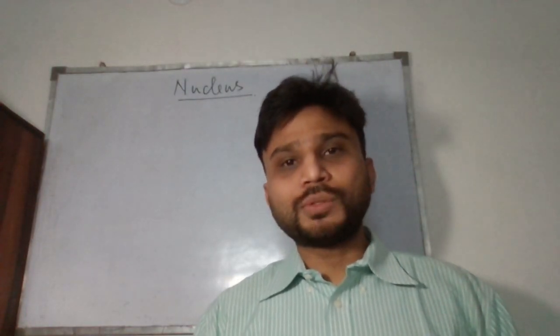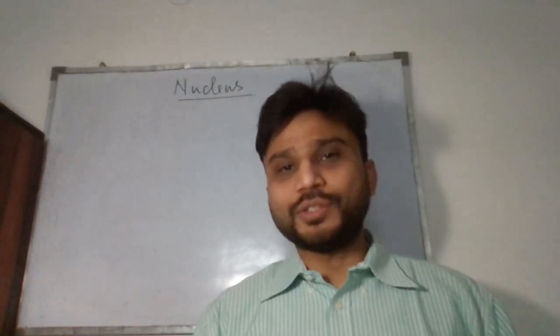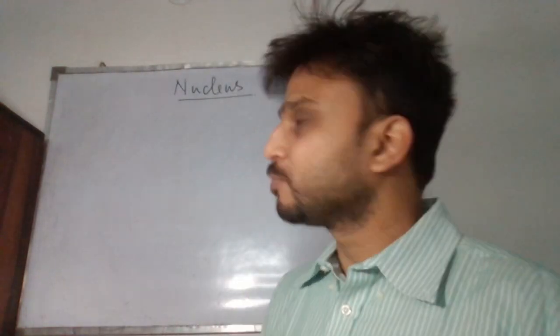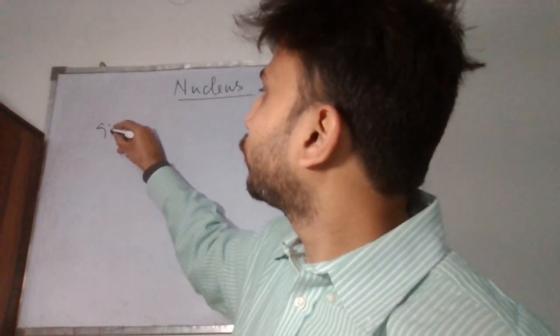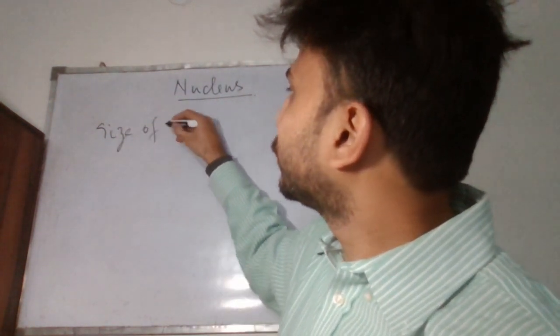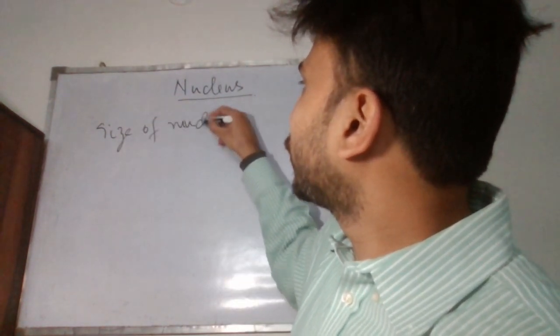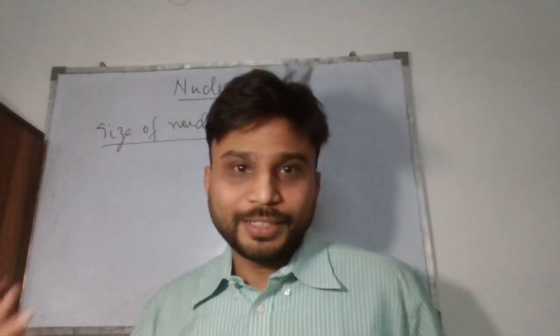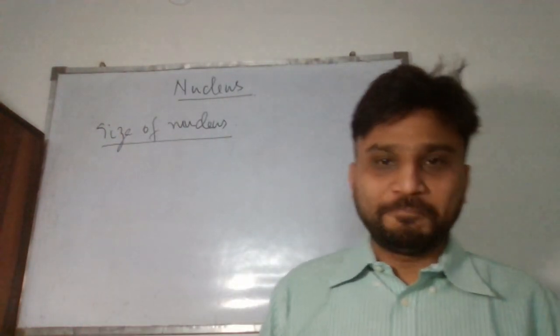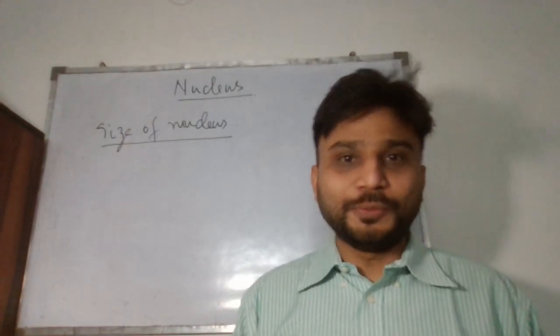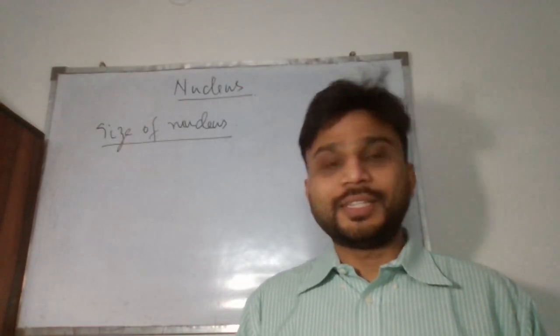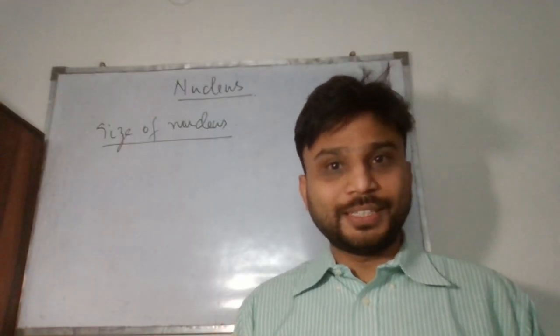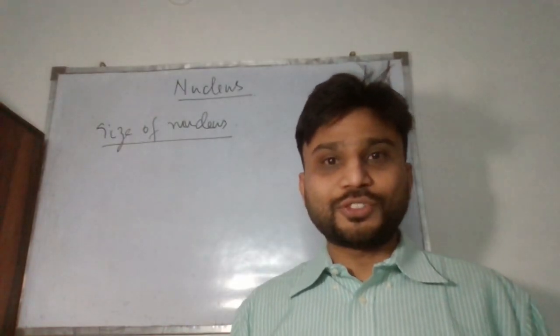And so, what is actually the size of a nucleus? Let's say if you want to bring a Tara on Zameen, right? So we would have to know how big that Tara is and what is actually a Tara.